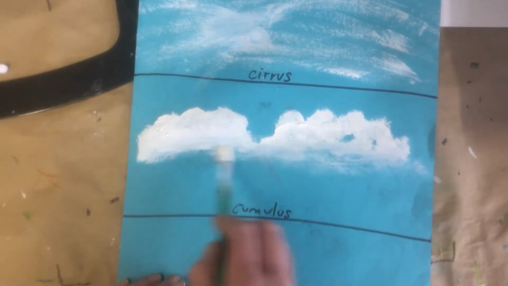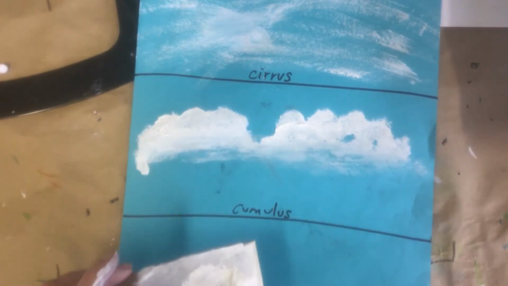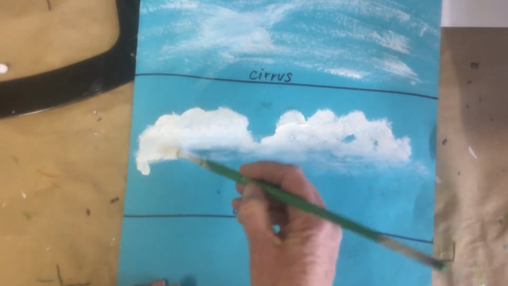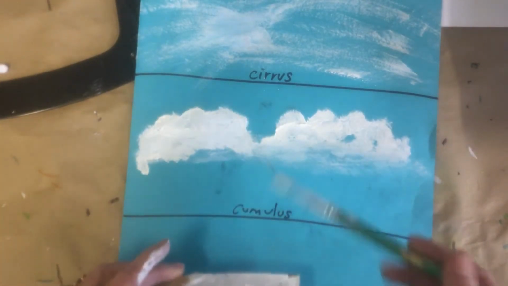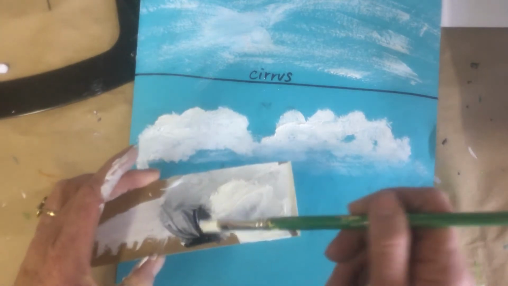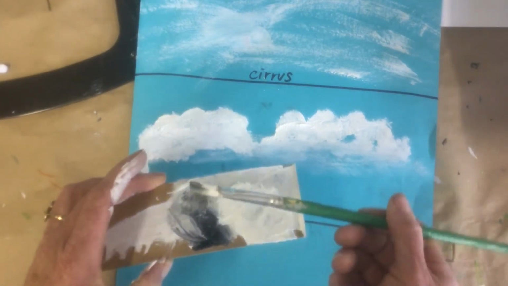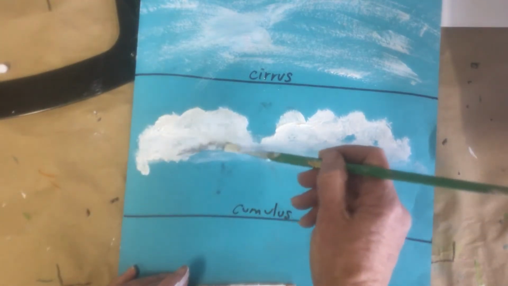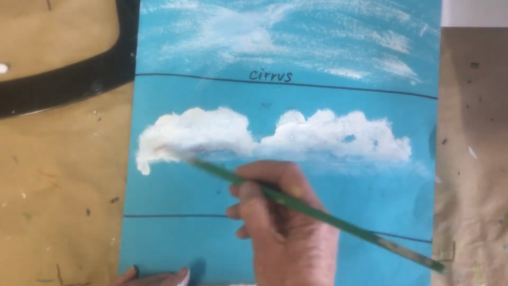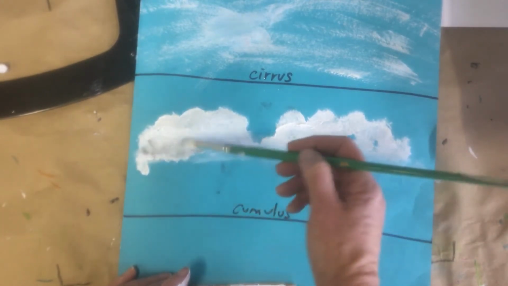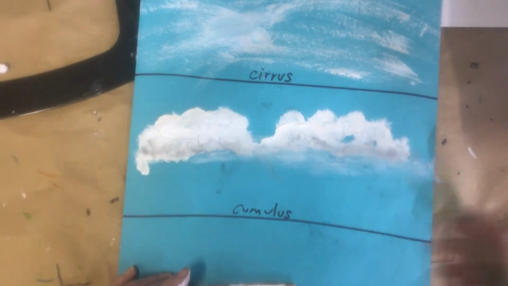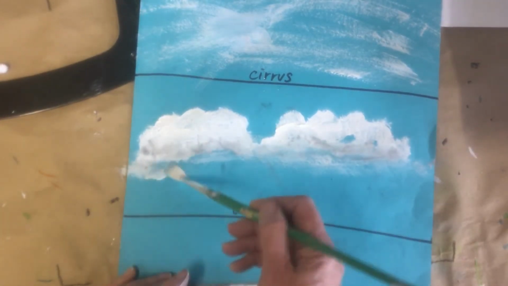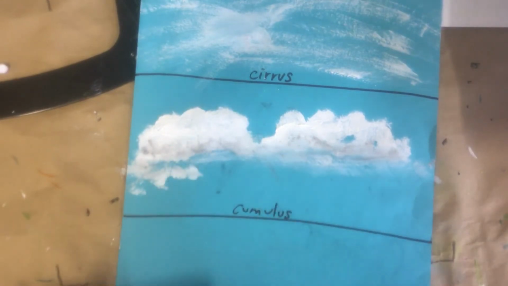So the bottom of the cumulus clouds are a little bit lighter and puffy. Now what I like to do sometimes is take just a dab of black, not a lot, because I want to darken the cloud here, because it might have a shadow, maybe a little bit of moisture in it, and just pull that, and there's our cumulus clouds.